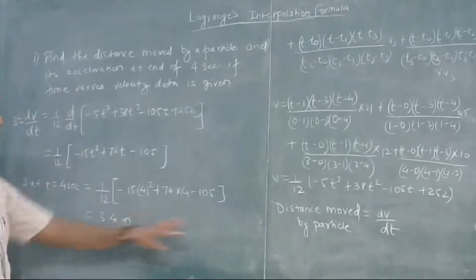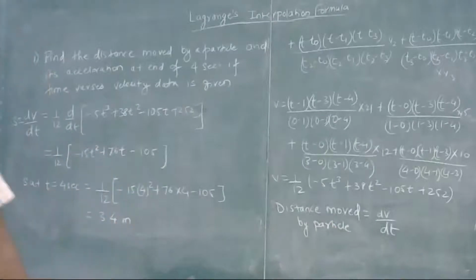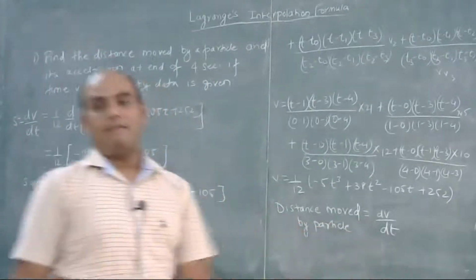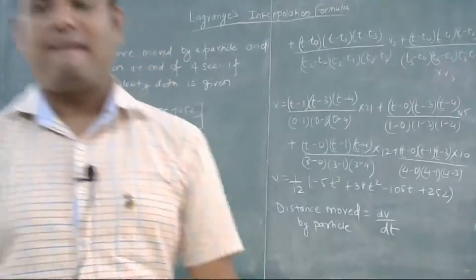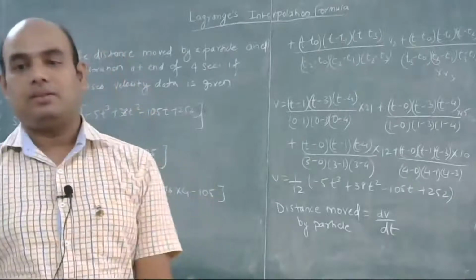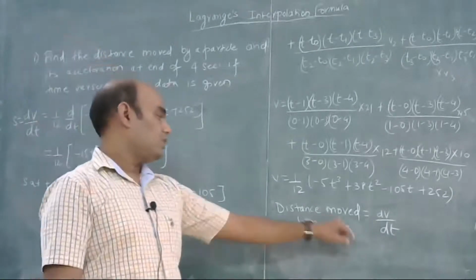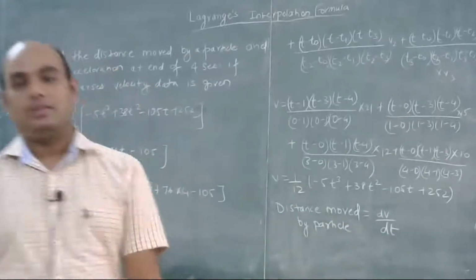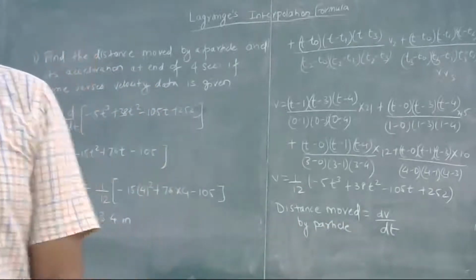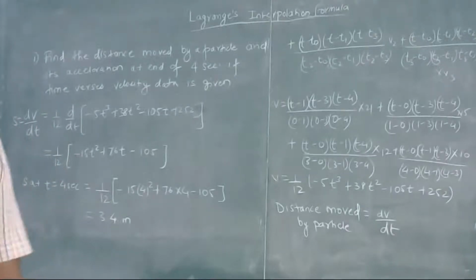So this is right? Distance travel is equal to dv by dt. Is it correct or wrong? So distance moved by particle is equal to... very good.